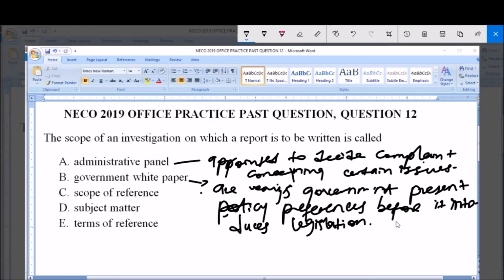So government white papers are methods that allow for public opinion pertaining to certain policies that the government is about to present or put into law.